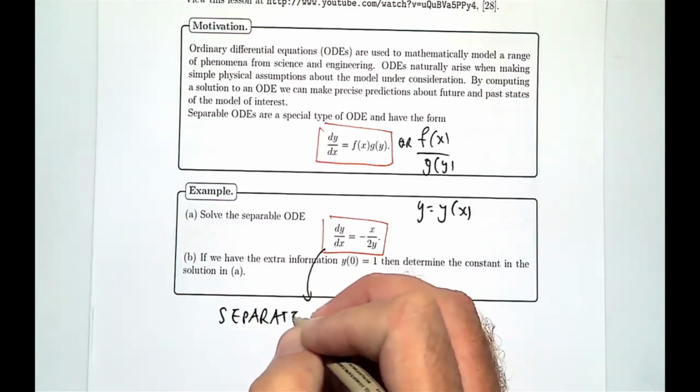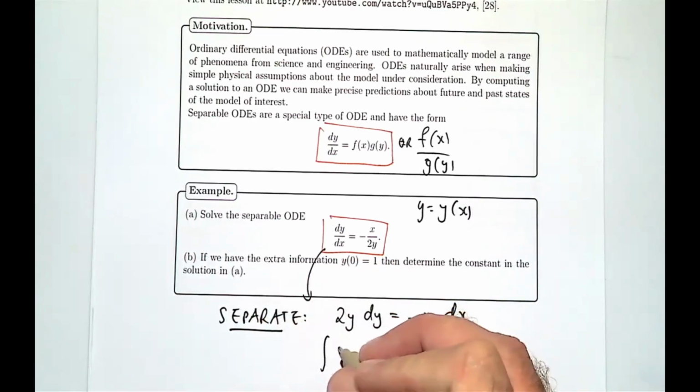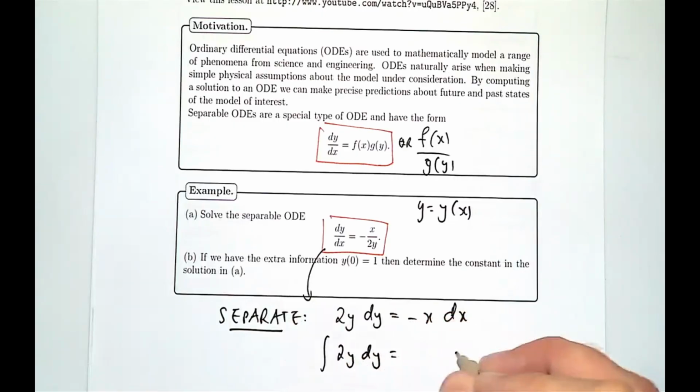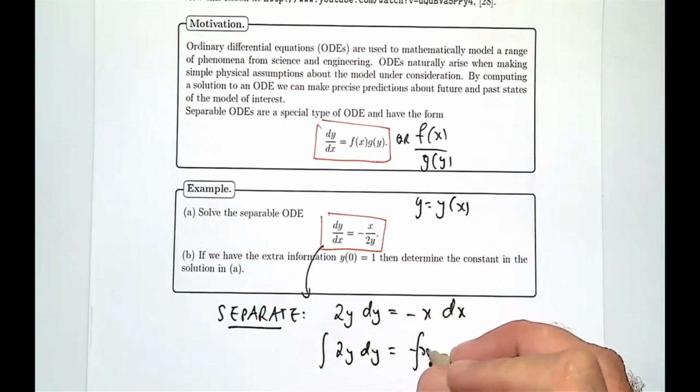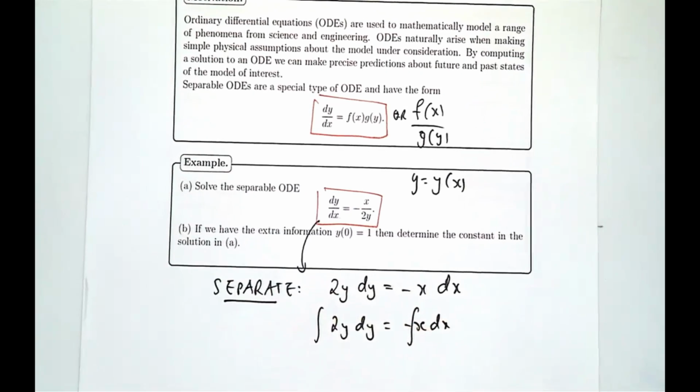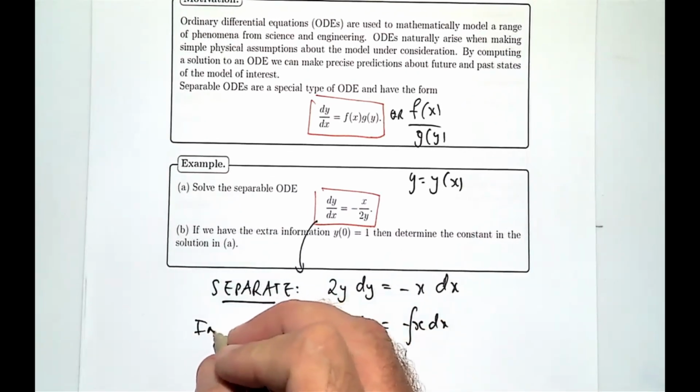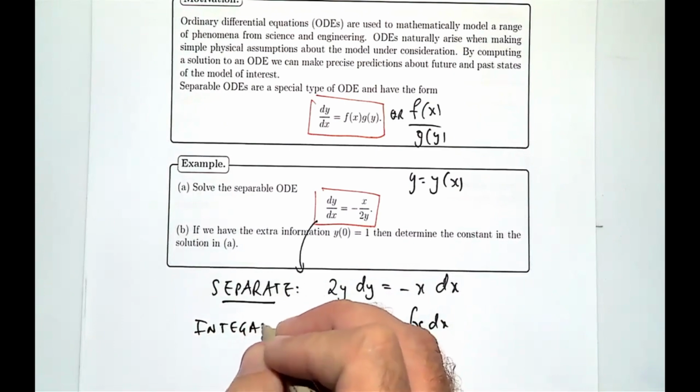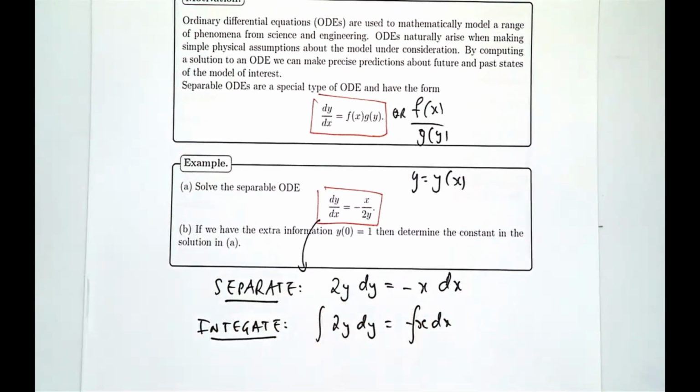You separate, and then you integrate. So now it makes a bit more sense. Would you agree? Now, a good question here still is, why can I do that? We'll talk about that in a minute.